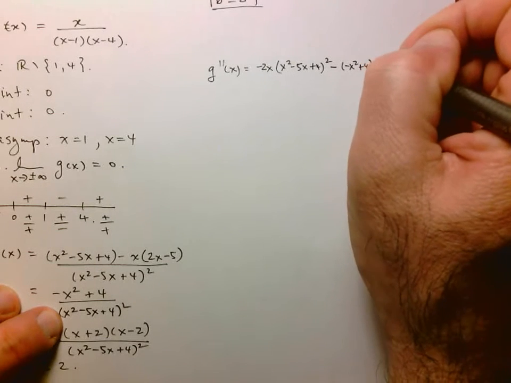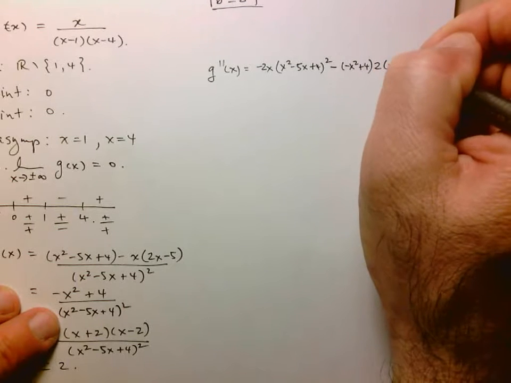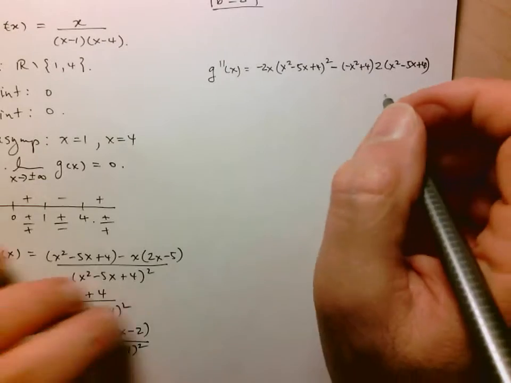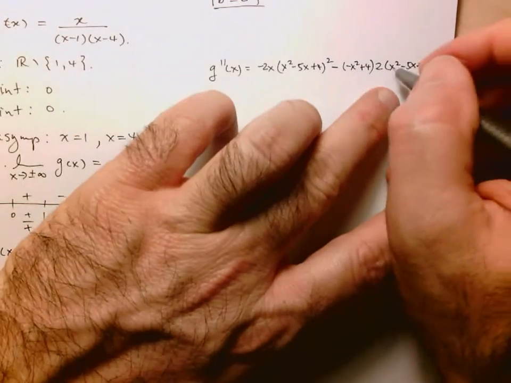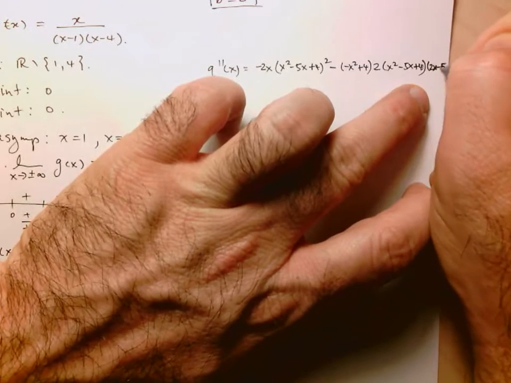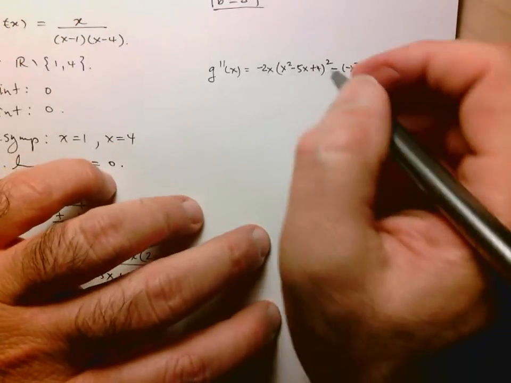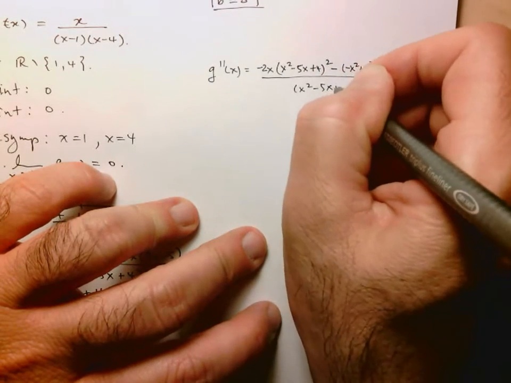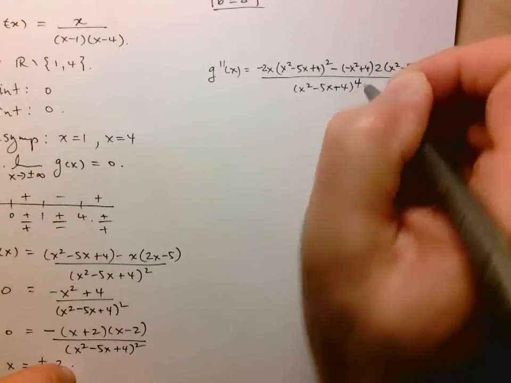So it's 2 times x squared minus 5x plus 4, and now I have to take the derivative of x squared minus 5x plus 4, which is 2x minus 5. Sorry for the mess there. And all over x squared minus 5x plus 4 to the power 4.